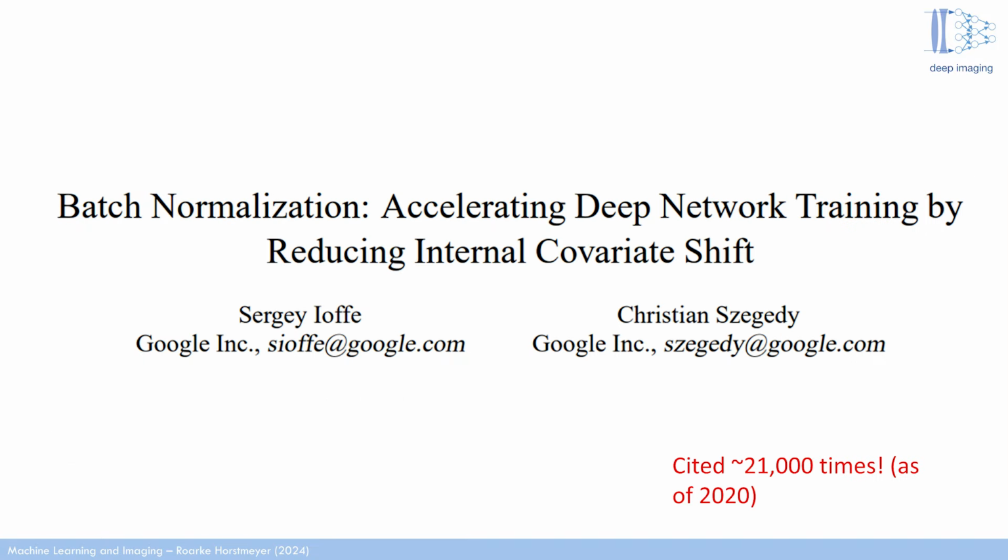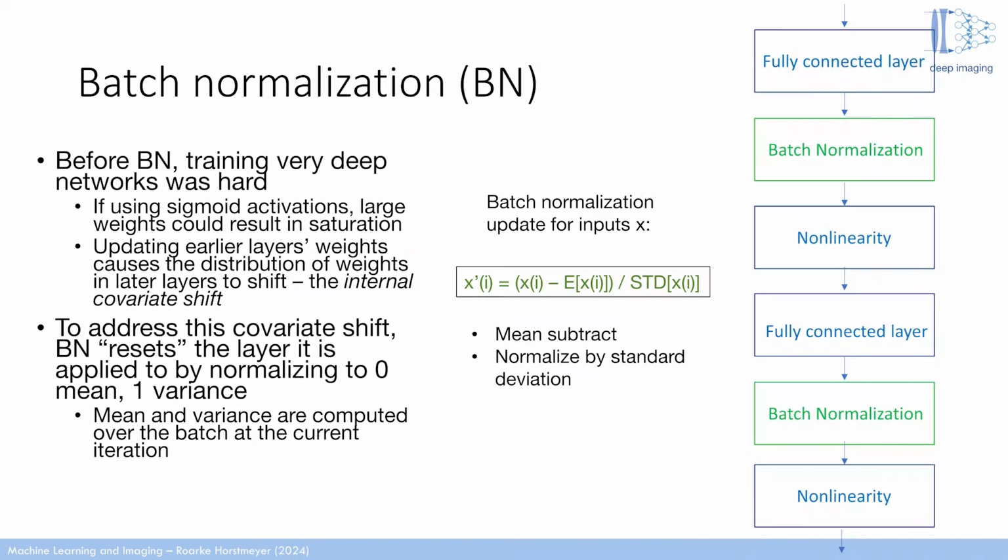Okay, so this batch normalization paper, I didn't check it recently, but it's been cited an ungodly amount of times. It's probably now in the 50 to 100,000 citation regime. So everyone uses it, right? What is batch normalization? It's a pretty simple technique. It applies the same type of insight.